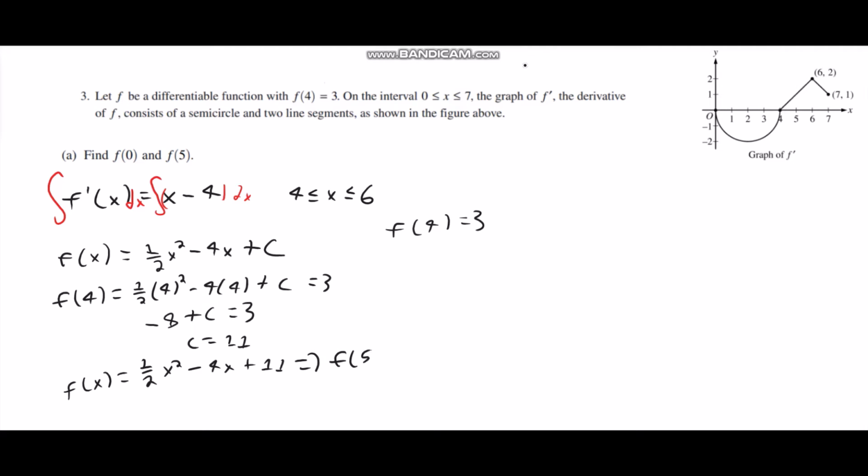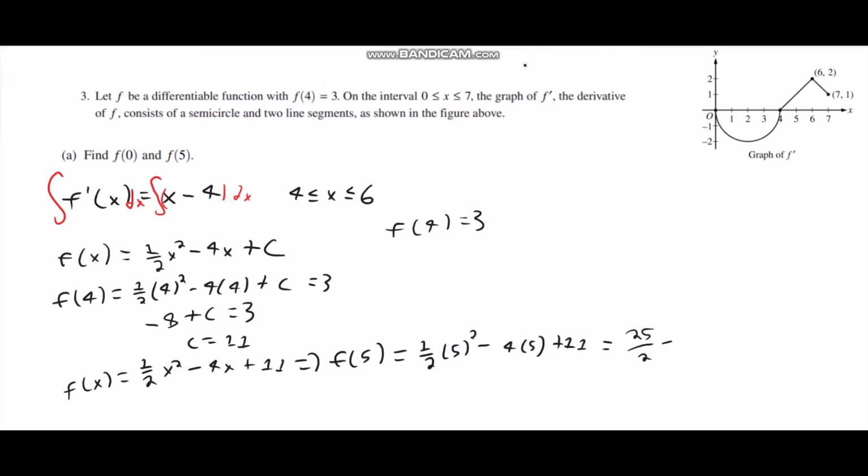To get f of 5, we'll just plug in 5. So we get 1/2 of 5 squared minus 4 times 5 plus 11. And again, I will work this out to show that we get the same answer as we did last time. 5 squared is 25, and then we'll divide that by 2.